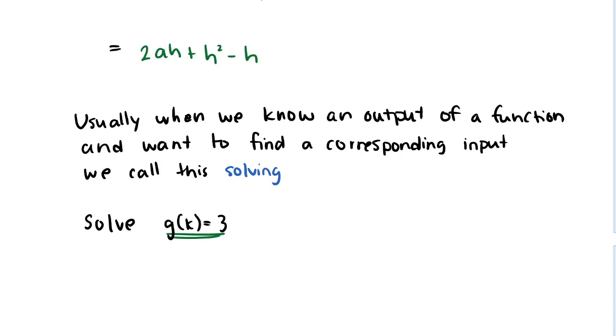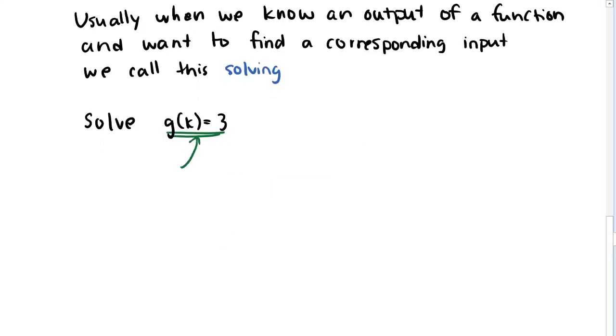So g of k represents the outputs of our function. The output is 3. Find the input.